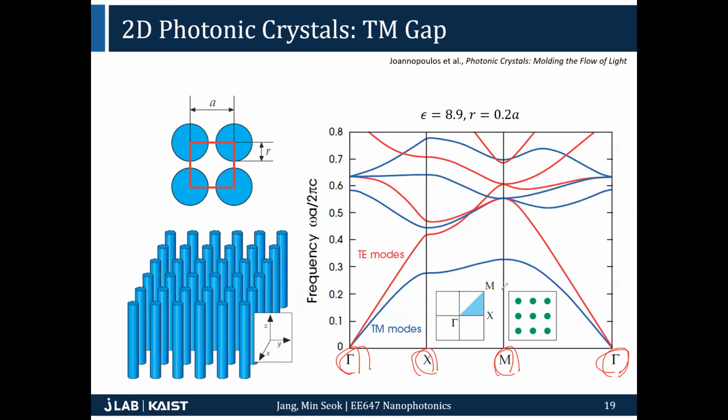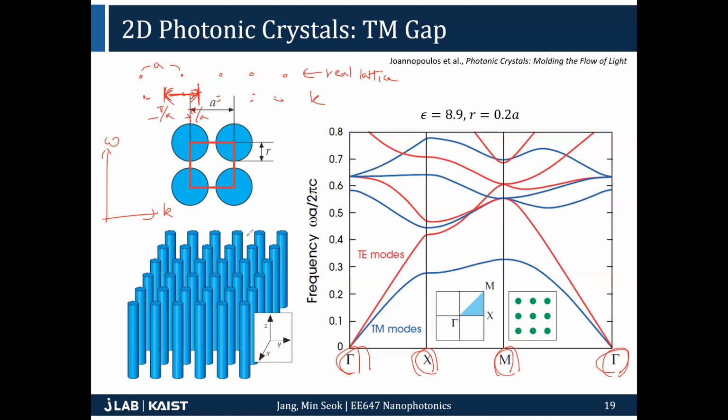If you think about the 1D photonic crystal, this was your real lattice, separated by A. And your K space also looks like this 1D thing, so your Brillouin zone is just 1D, from minus pi over A to plus pi over A. So if you draw omega versus K, your K only has one direction in a 1D photonic crystal.